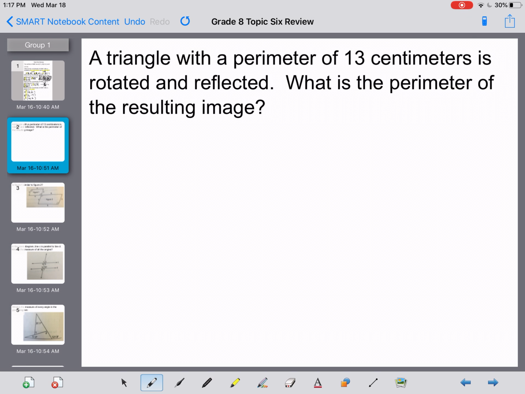So for this problem, since my image is rotated and reflected, when an image is rotated and reflected, that produces congruent figures. So congruent figures, everything is exactly the same. The angles are the same, the side lengths are the same.